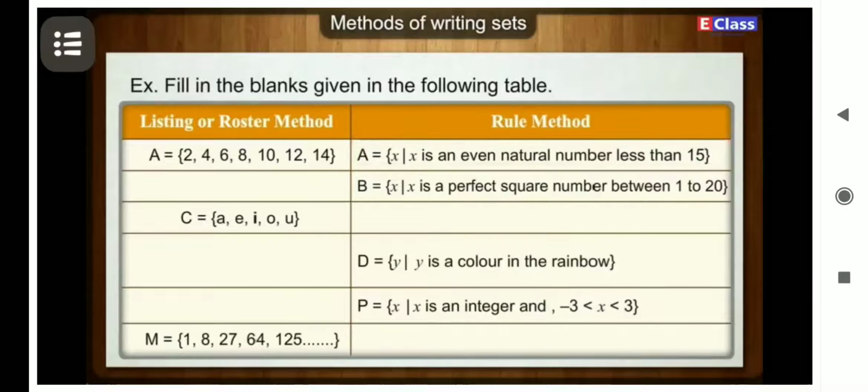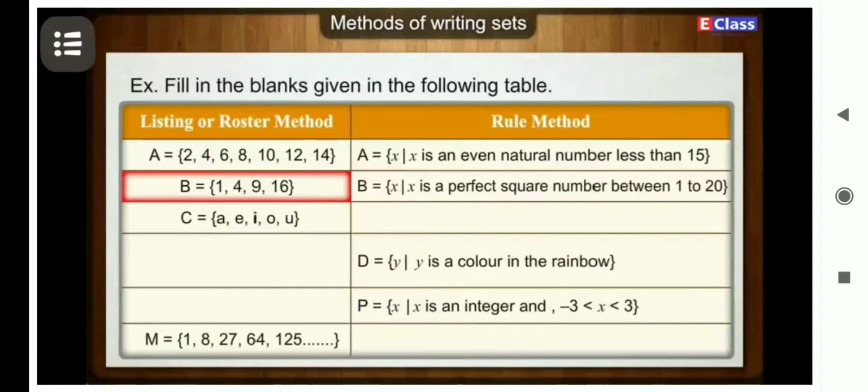Listing or roster method: B = {1, 4, 9, 16}. Rule method: B is a set of x where x is a perfect square number between 1 and 20.